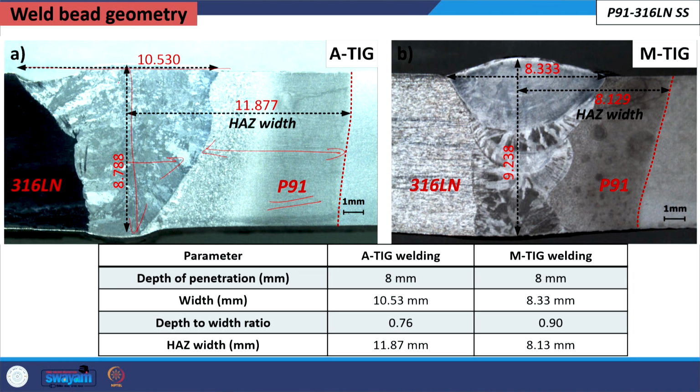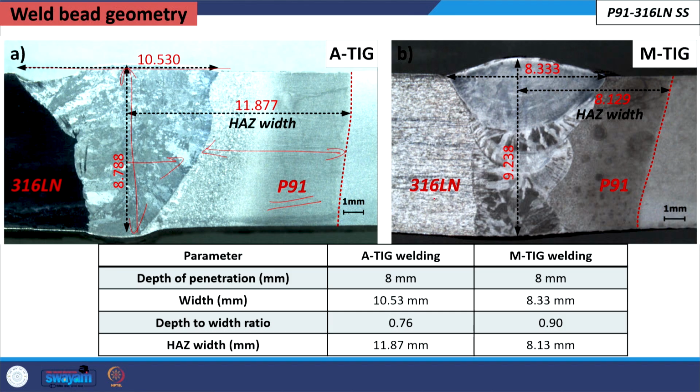And the depth of the weld that was realized in single pass was 8.788. This is the dissimilar metal weld joint which is made using the single pass A-TIG welding or activated flux GTAW process.